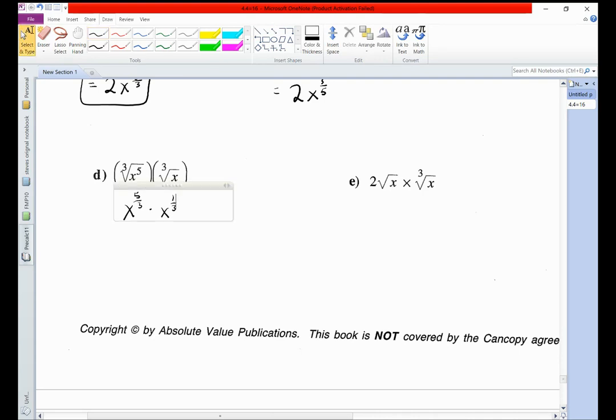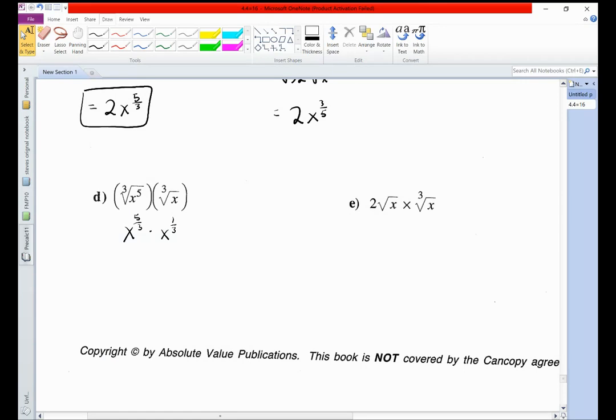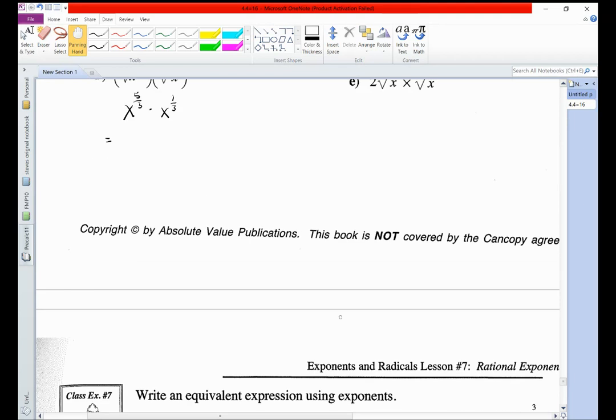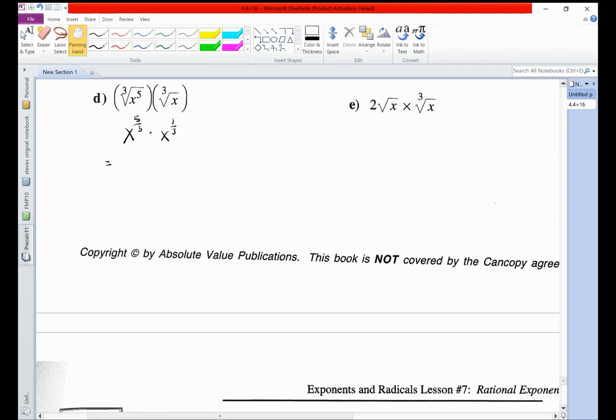And when you multiply exponents with the same base, you end up adding them. So you add these, so 5 over 3 plus 1 over 3, they have a common denominator, which is great. So it should be 6 over 3, which you can reduce to x to the power of 2.